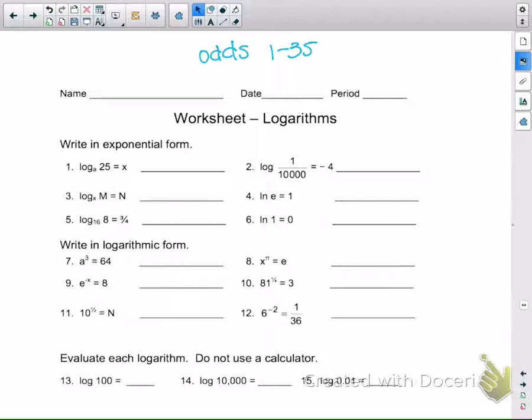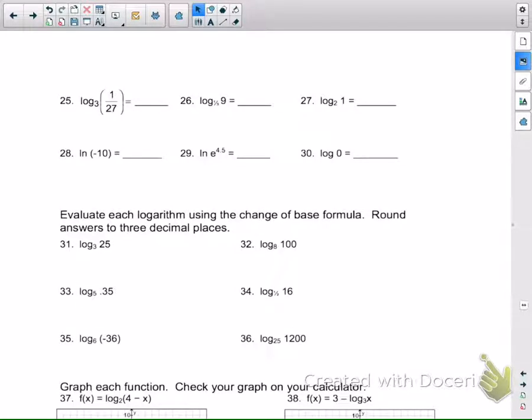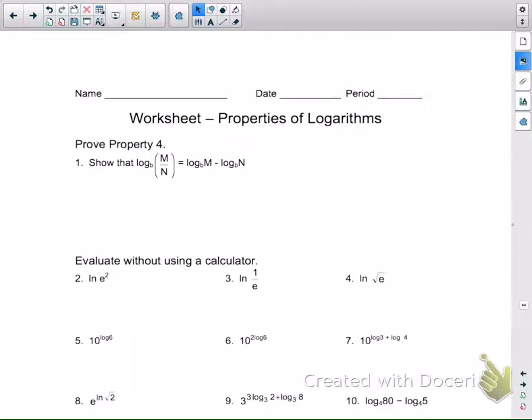So the first 6 questions should take you all of 30 seconds. All right, the rest of them shouldn't take you too long. On page 337 and 338, we are doing questions 2 through 10. And 19 through 26. Okay?